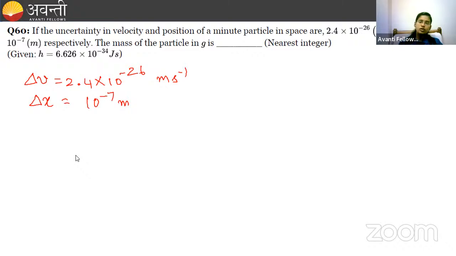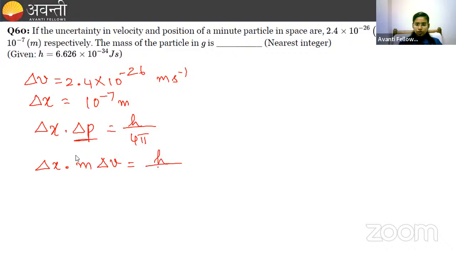So here we have to use the Heisenberg's uncertainty principle, which is actually delta X into delta P greater than or equal to h by 4 pi. So since momentum is mass into velocity, instead of this P momentum, I can substitute mass into velocity. Since mass is a constant, let me keep this out, and del V is equal to h by 4 pi.